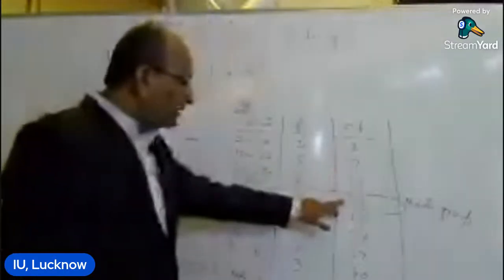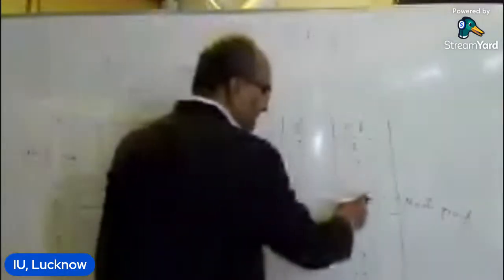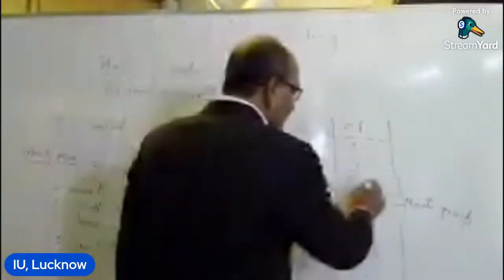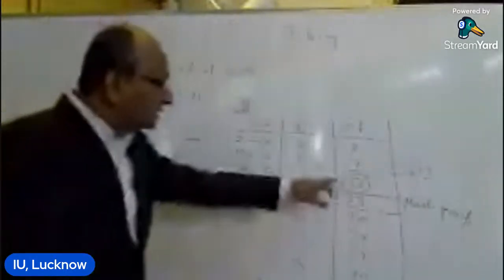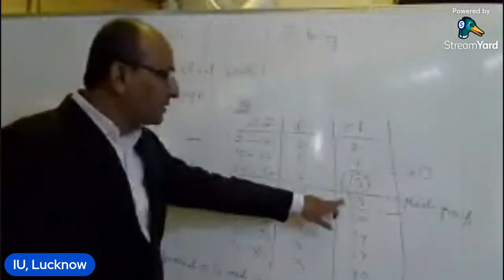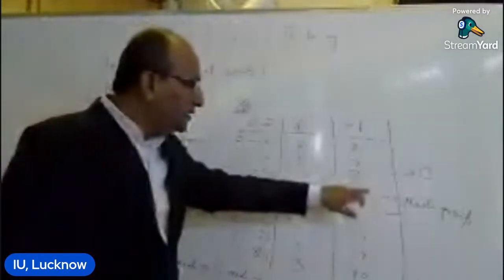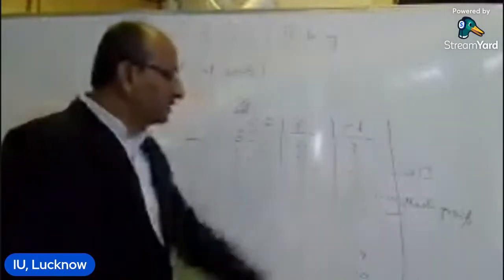So just before 23 there is 13. So this is C. This 13 precedes the 23. The value of C is 13.